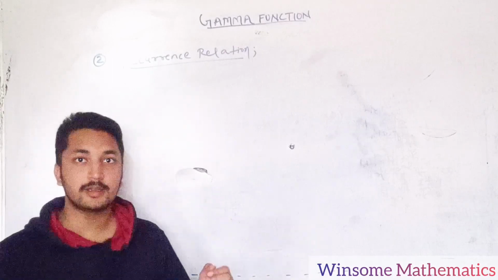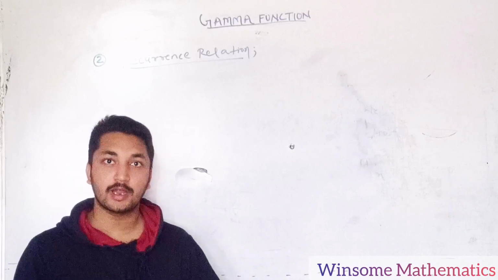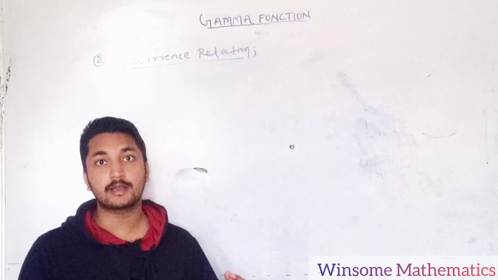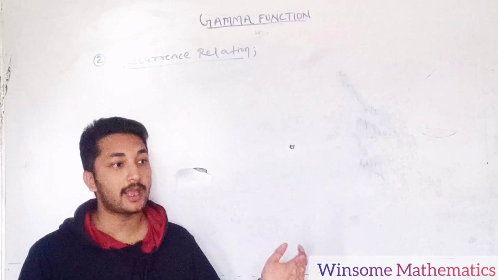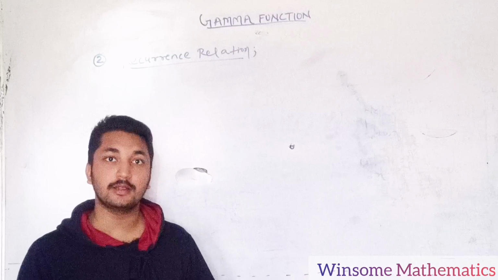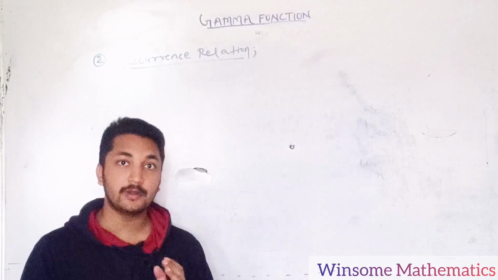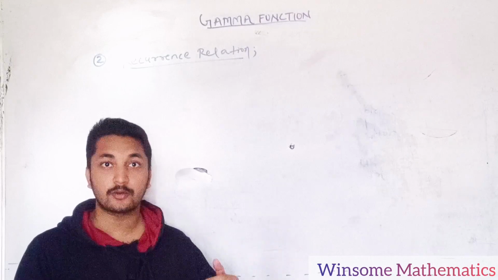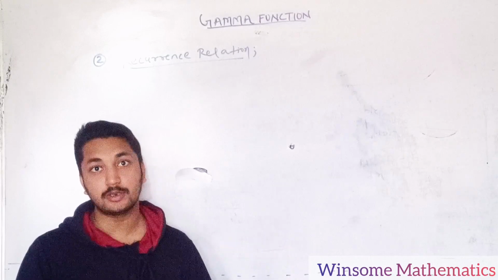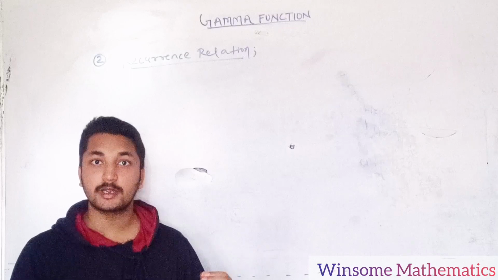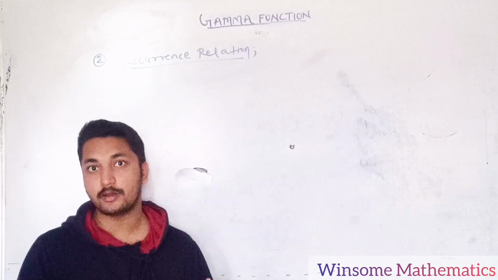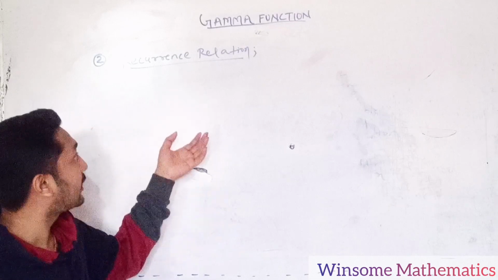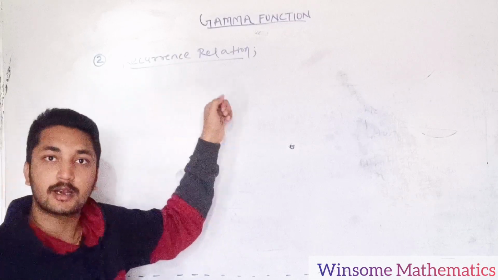Recurrence relation is something by which we can represent the nth term as a relation of the previous terms, like we always write the nth term in relation to the previous terms, like n minus 1, n minus 2. What comes before n is used to represent n. Simple. So we will understand how we represent it inside gamma function.